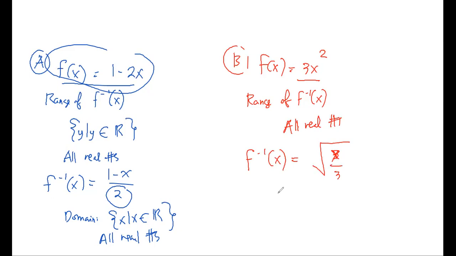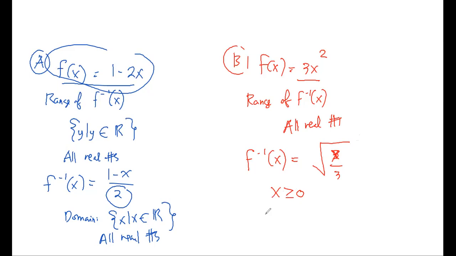Now, what will be its domain? Remember that the value under the radical can never be a negative number. So we say that the value of x should be greater than or equal to 0. Because if the value of x becomes negative, then the value of our radical expression will be imaginary.